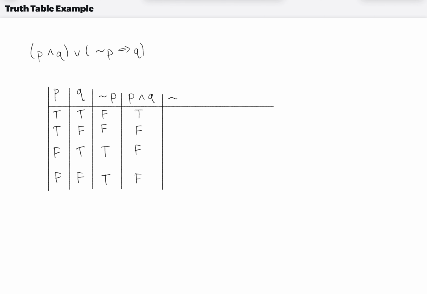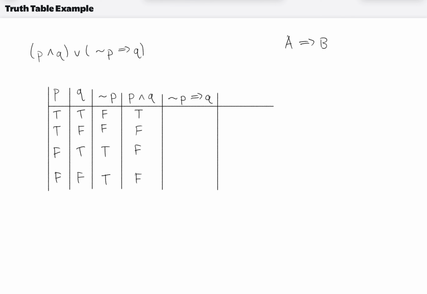So not P implies Q. The way the truth values work for an implication is that if you have, in general, A implies B, the truth value is only false when the truth value of A is true and the truth value of B is false.